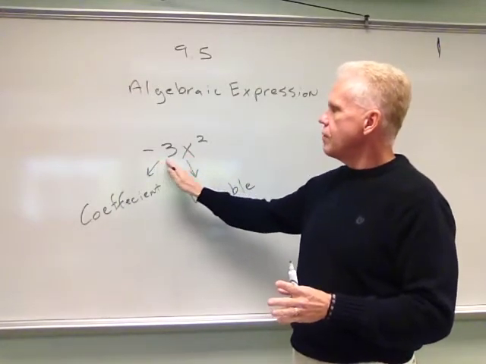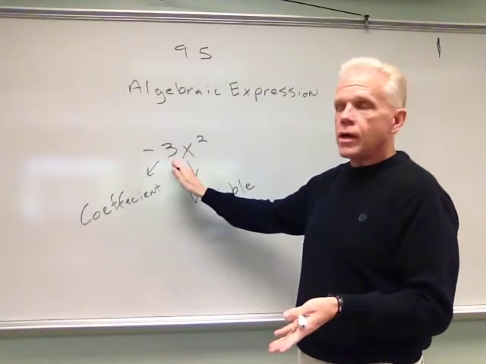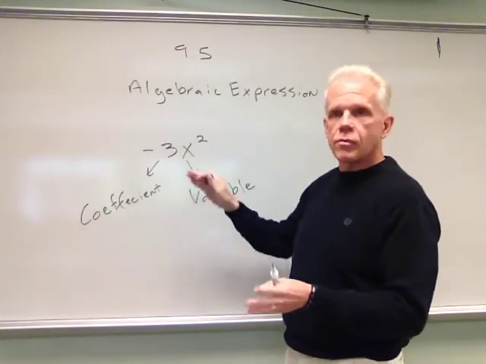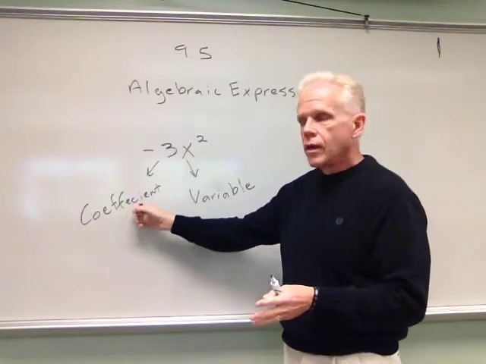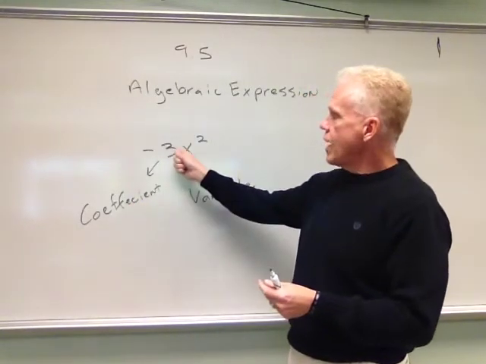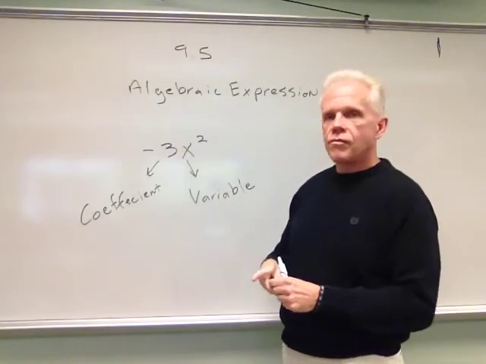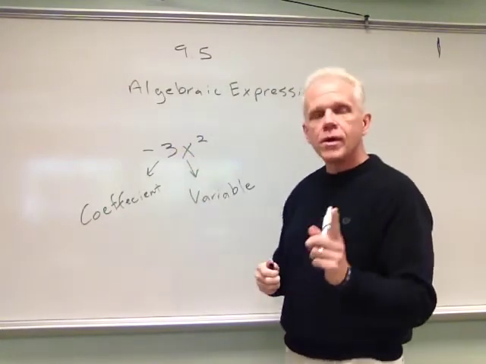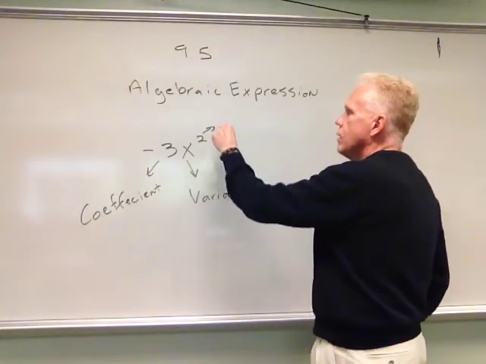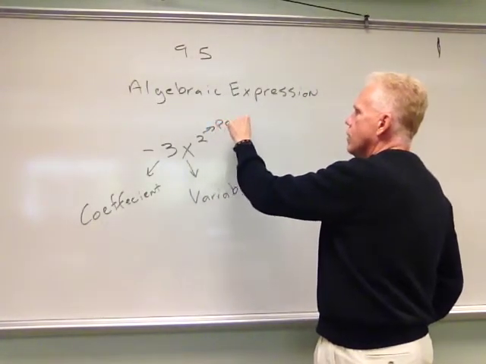So when we see negative 3x, what we really understand is the negative 3 is multiplied by the x.